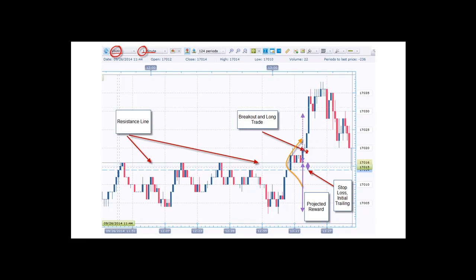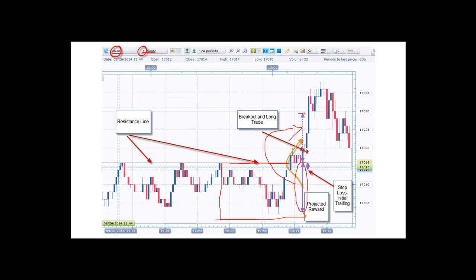And by the way, when a breakout occurs from a range, then the reward tends to be as much above the breakout as the security traded beneath it. So you can see this range was this level. It's trading, and that's our reward projected upwards because it's a long trade.